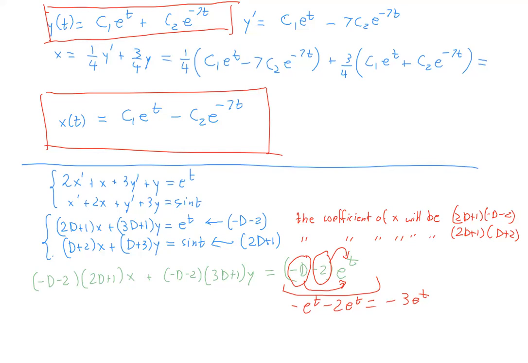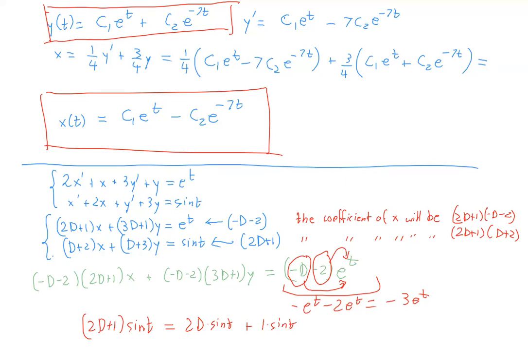And let me also do the other multiplication, (2D plus 1) times sine of t. What do you get here? So it's going to be 2D times sine t plus 1 times sine t. Okay, 1 times sine t is sine t. What is 2D times sine t?